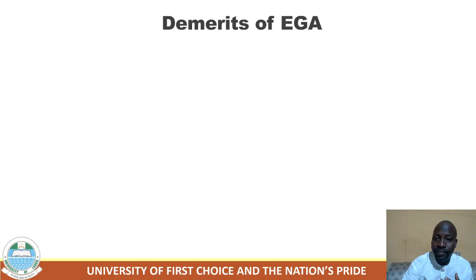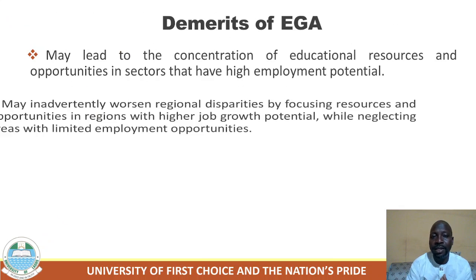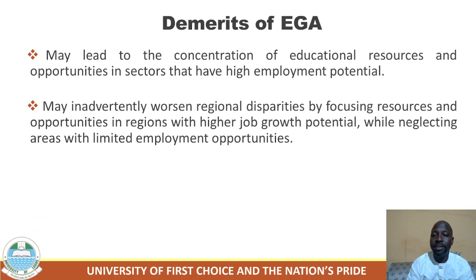What about the disadvantages? Because it doesn't mean that it is 100% perfect. So, employment generation approach may lead to the concentration of educational resources and opportunities in sectors that have high employment potential, because we want to generate employment.